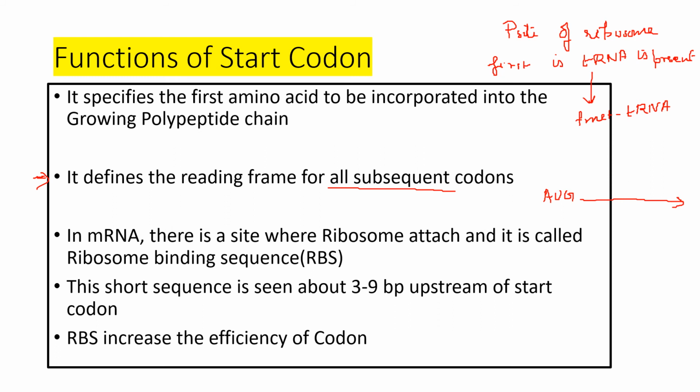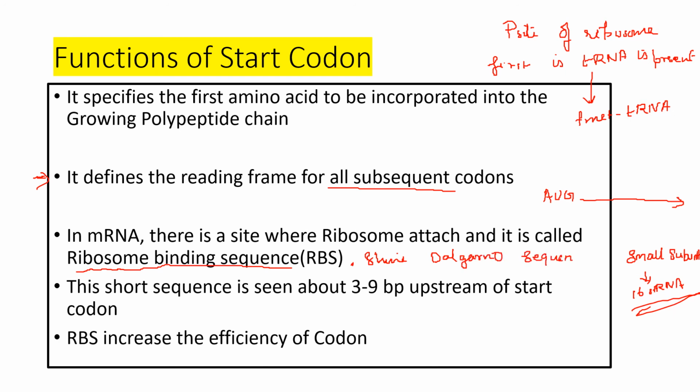Next thing about the mRNA is that it also has another site where the small subunit of the ribosome, that is the 16S rRNA part, will come and bind to the mRNA. The binding site of this 16S rRNA is known as the ribosome binding sequence, otherwise known as the Shine-Dalgarno sequence in prokaryotes or bacteria.